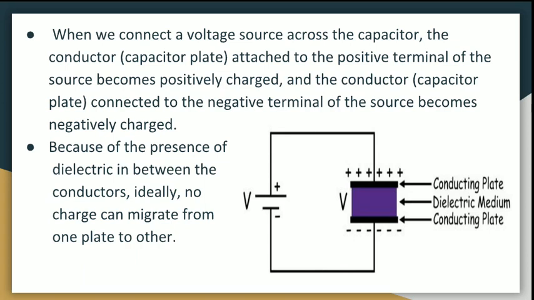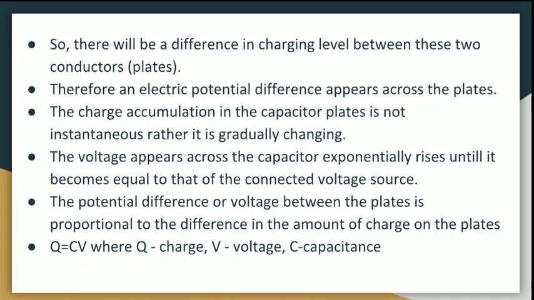Because of the presence of the dielectric in between the conductors, ideally no charge can migrate from one plate to another. So there will be a difference in charging level between these two conductors. Therefore, an electric potential difference appears across the plates. The charge accumulation in the capacitor plates is not instantaneous, rather it changes gradually.